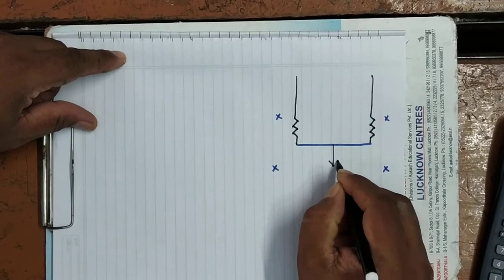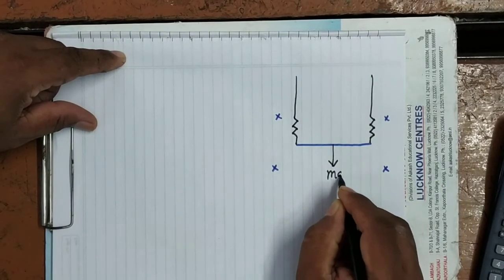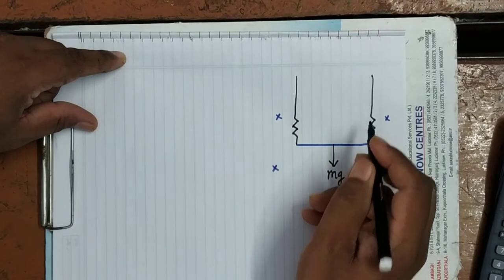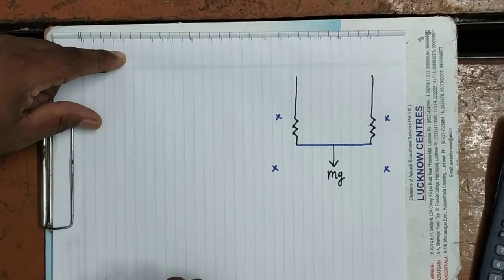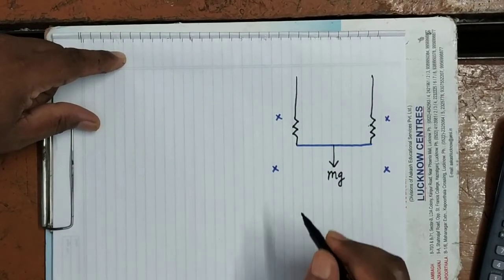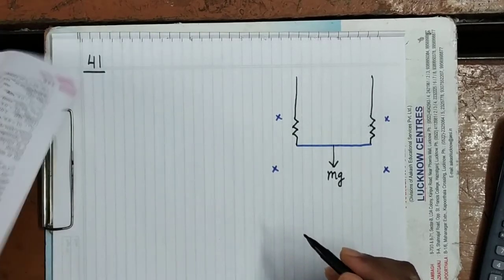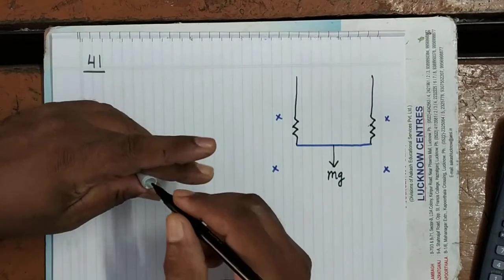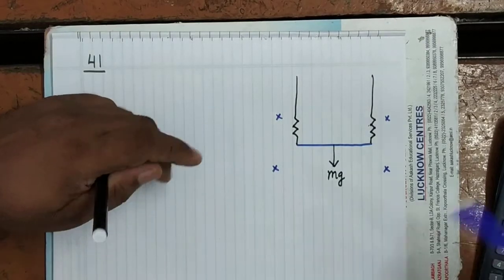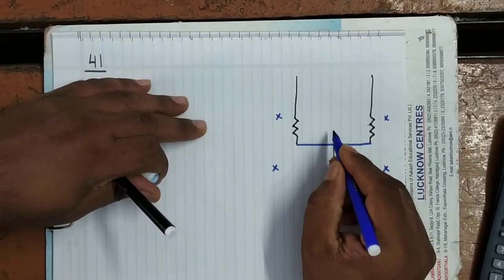Because of this weight, tension will be created in these hanging wires. Now here it can be neutralized only when the magnetic force is acting in vertically upward direction.